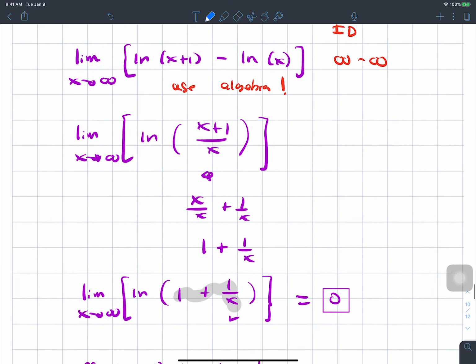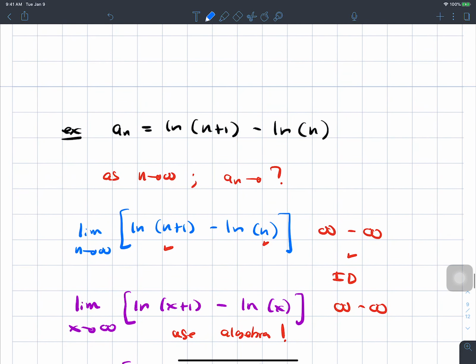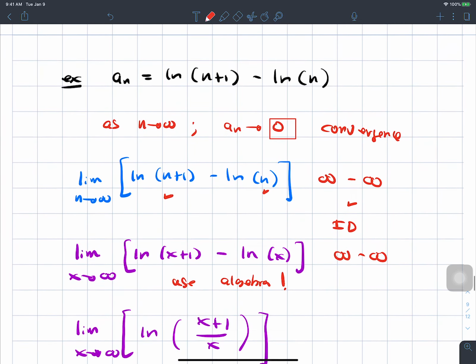In other words, this goes to 0, which means we have, again, convergence. It's limit 0. So this is how we handle another nice kind of question here.